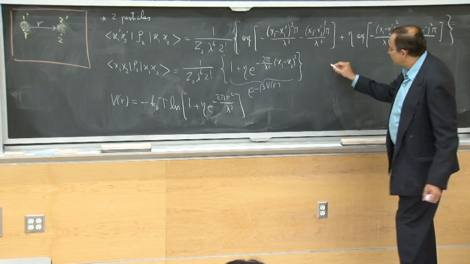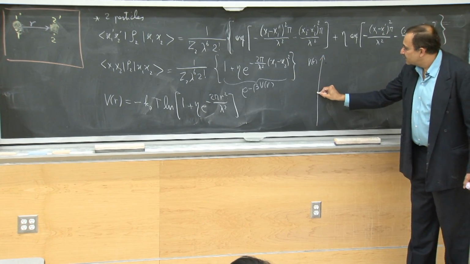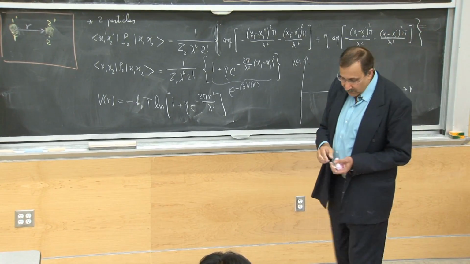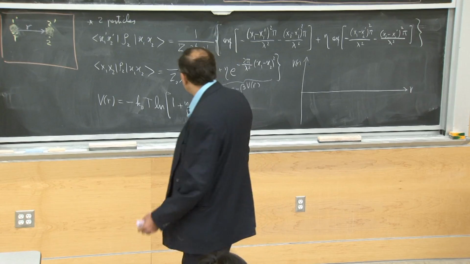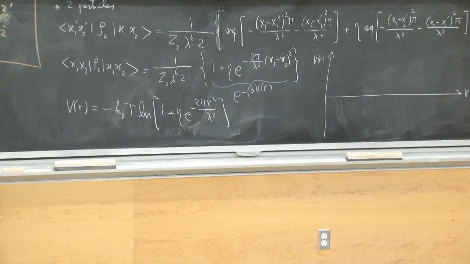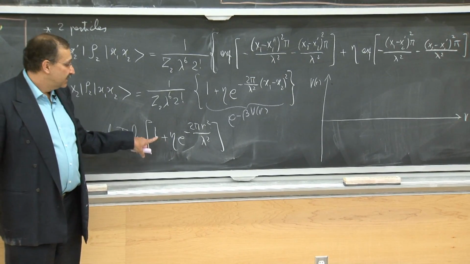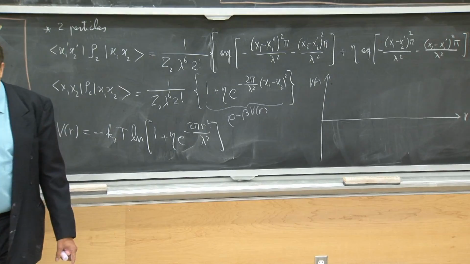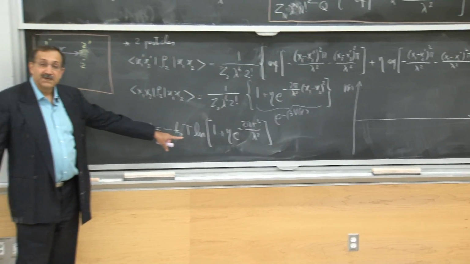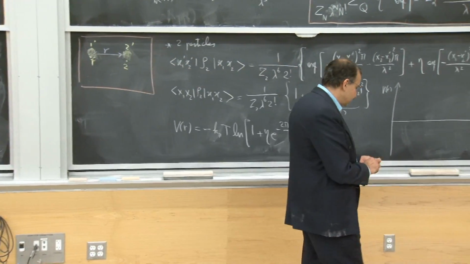I will plot out for you what this v of r looks like as a function of how far apart the centers of these two wave packets are. You can see that the result depends on eta. If eta is minus 1, which is the case for fermions, this is 1 minus something, which is less than 1. The logarithm of it would be negative, so the whole potential would be positive or repulsive.